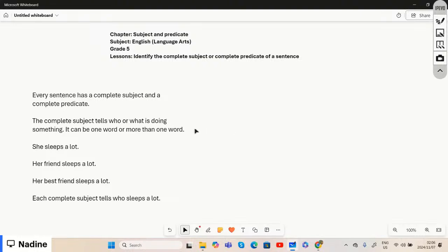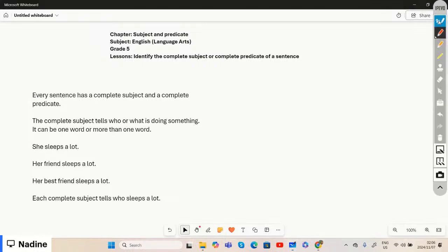All right. So when it comes to subject and predicate, each sentence, every sentence, has a complete subject and a complete predicate.